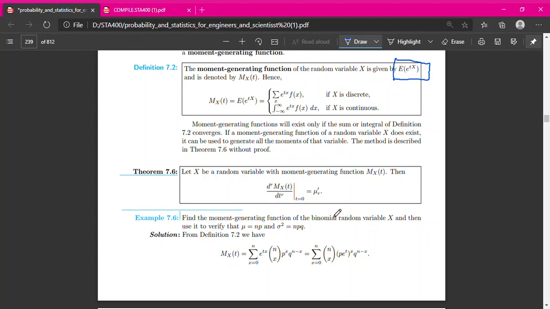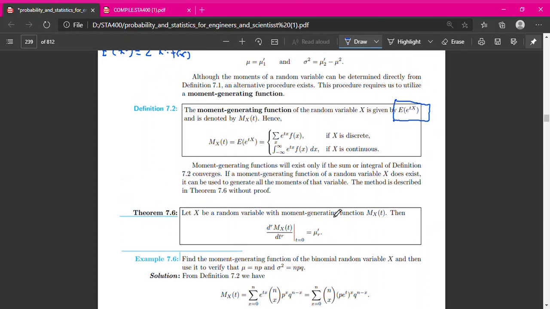So let's see how to find the moment generating function, and from there, with the MGF, we can find the first moment about the origin, which is mean, and we also can find the second moment about the origin, which is expected of x square, and then with those values, we can find the variance. Okay, so today I akan tunjuk dulu untuk discrete.